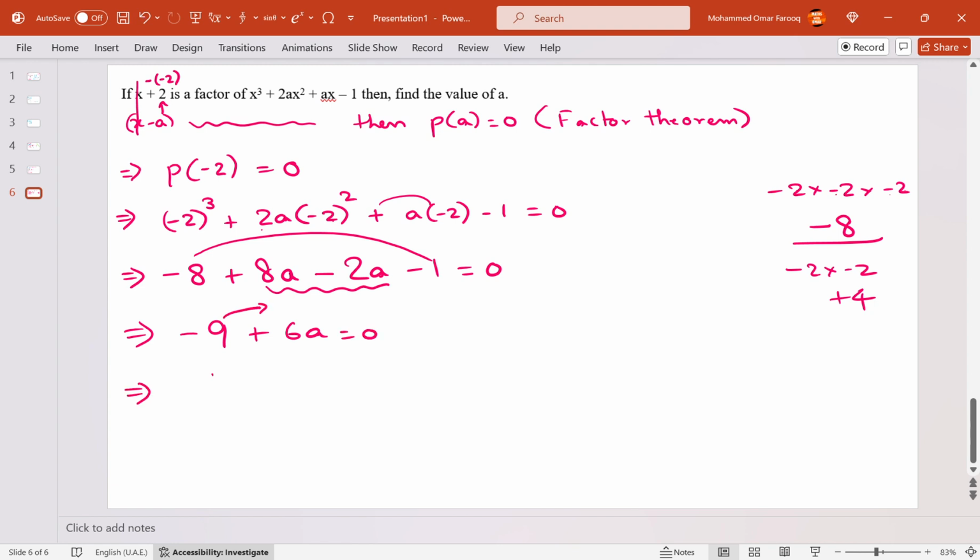Transpose the negative: 6a is equal to 9, which implies a is equal to 9 divided by 6. What is the common factor in 9 and 6? 3. So 3 threes are 9, 3 twos are 6. So a is equal to 3 by 2.